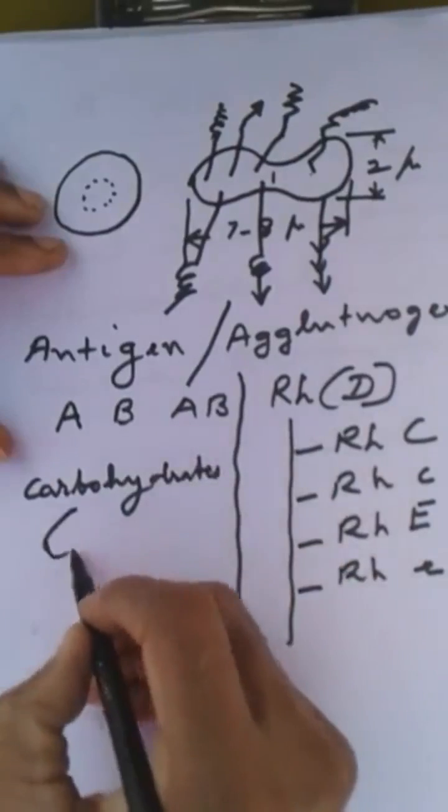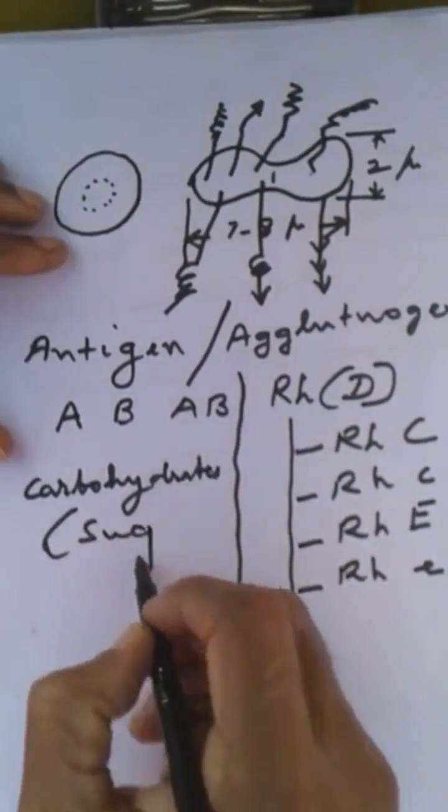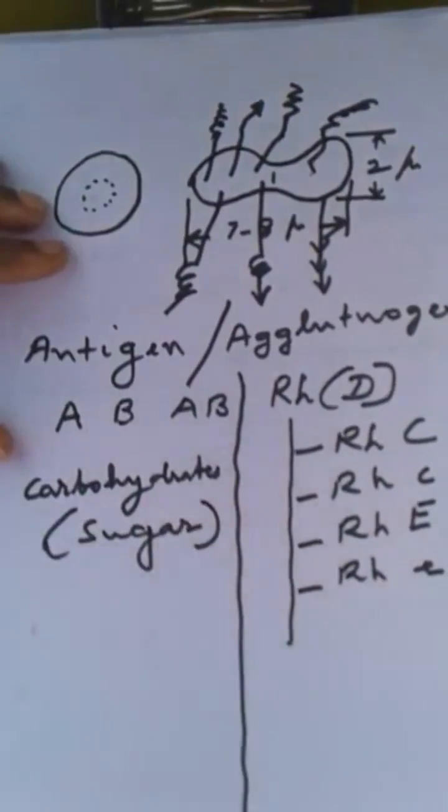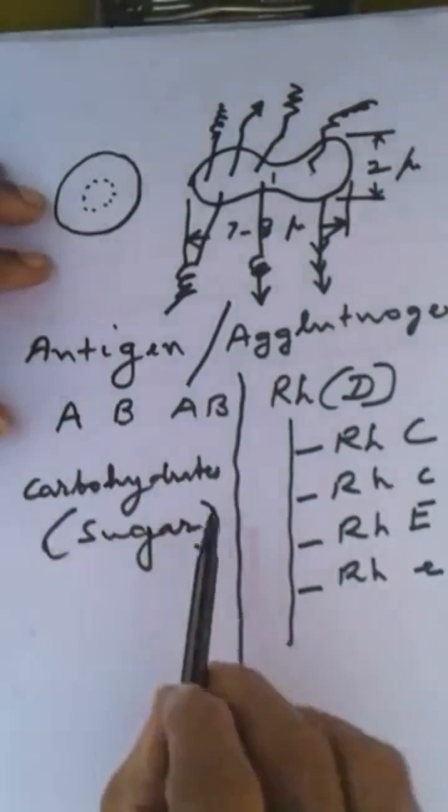We can say sugar molecules arranged in different ways. That is the ABO system.